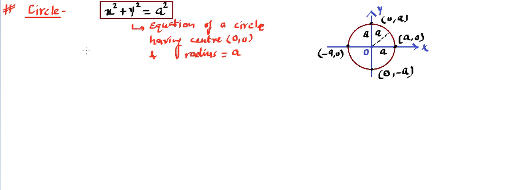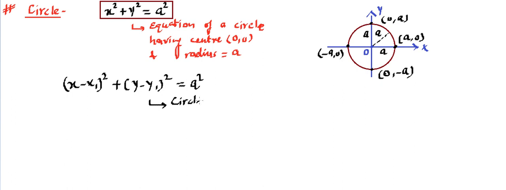In a broader sense, this can also be written, if the center is not at the origin, as (x minus x1) whole square plus (y minus y1) whole square is equal to some a square. If this is given to us, we will say this is also a circle, a circle with center at (x1, y1).